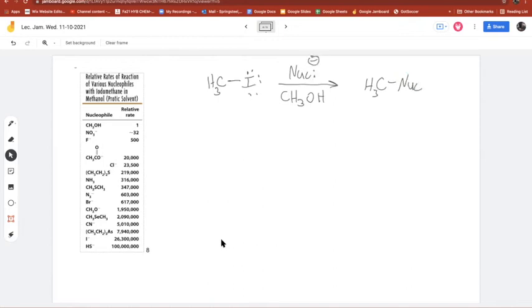It could be negative or positive; I'll make it negative in this case. And then the iodide came off, right?